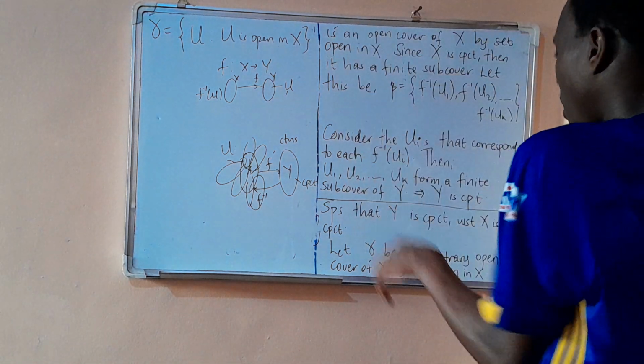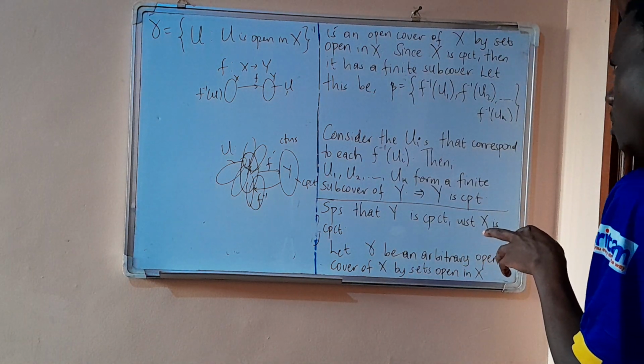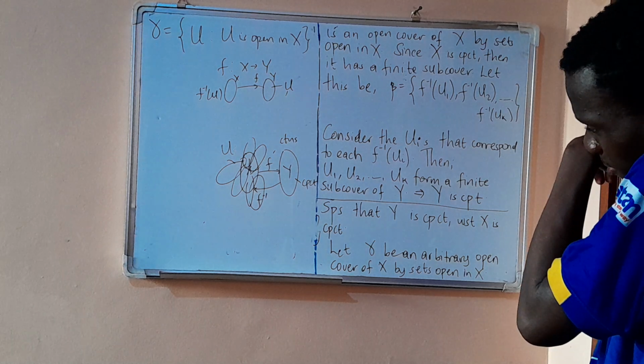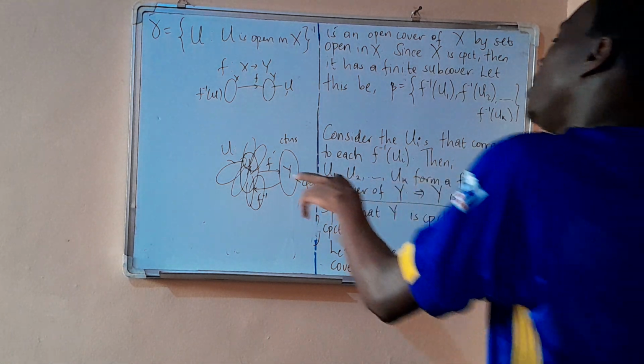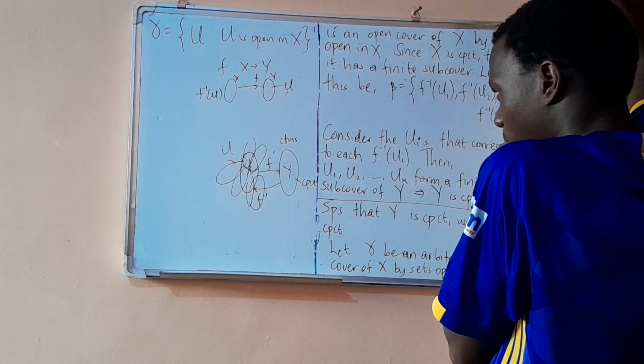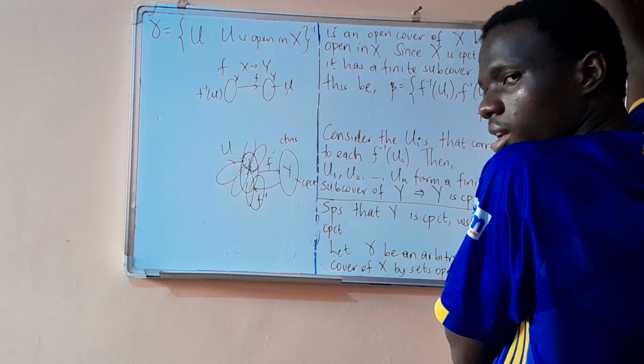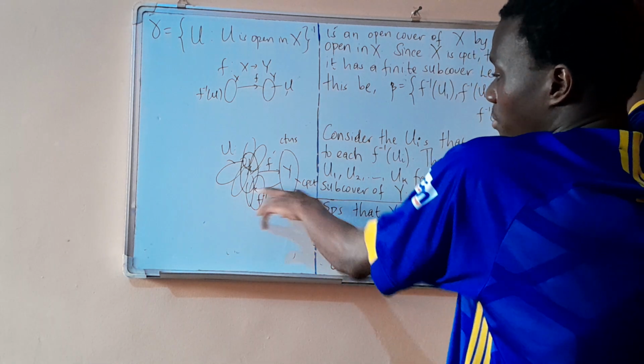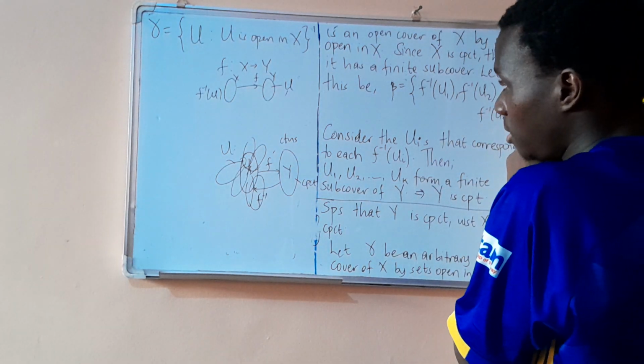Now, suppose that Y is compact. I have open sets which are covering X, and F inverse is continuous.